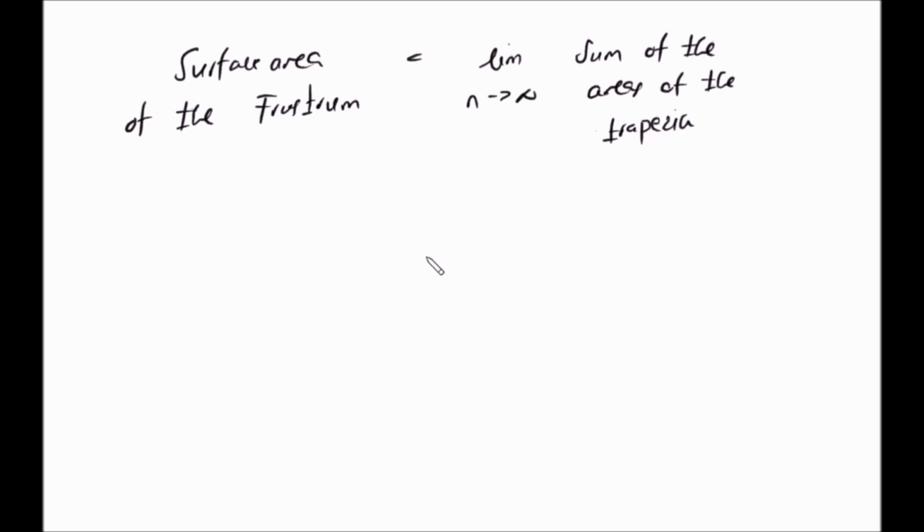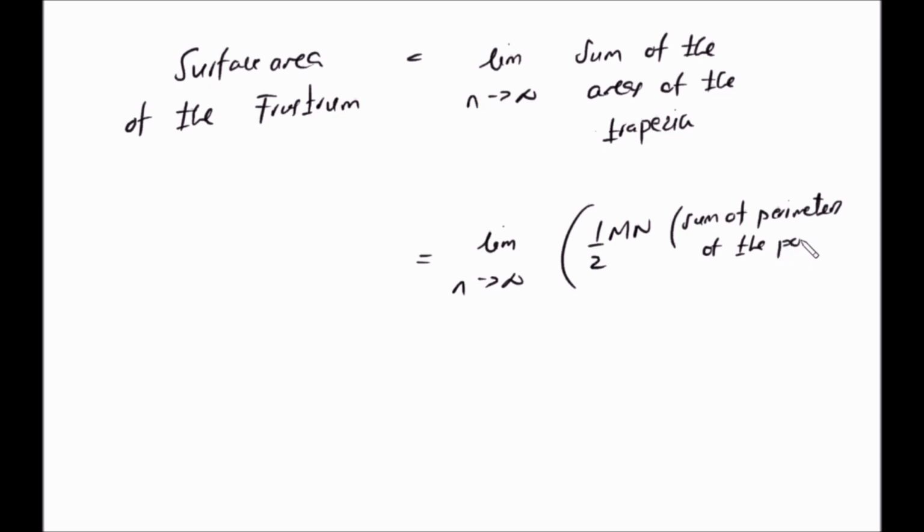So this is the limiting value as n approaches infinity of half times mn times the sum of perimeters of the polygons. This is the surface area of the frustrum.